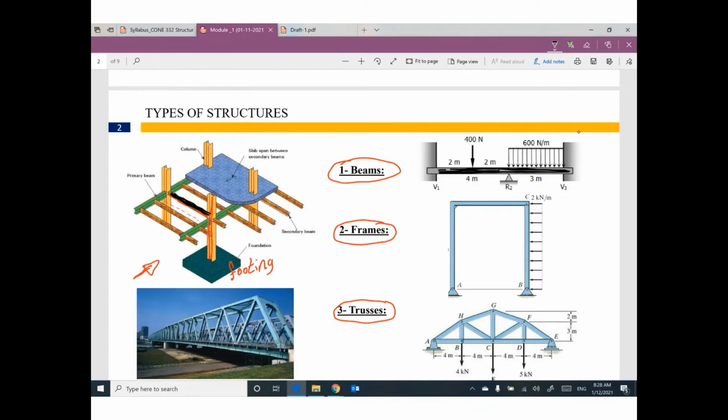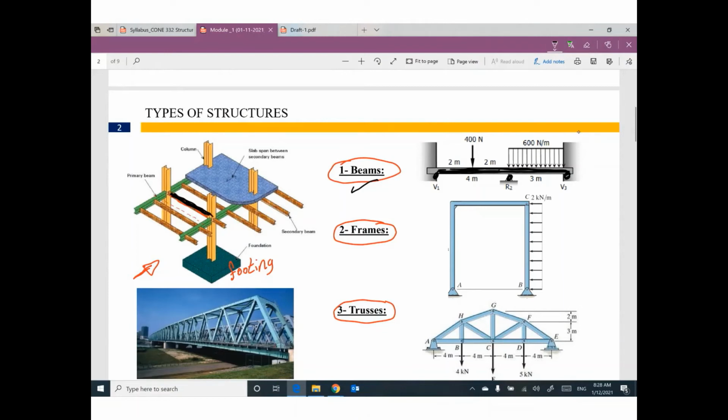This beam is supported here on this column and here on this column. So we have a support here, a support here, and probably another support here. That means this structure can be called a beam: a member supported between 2 points or 3 points. This is called a beam.